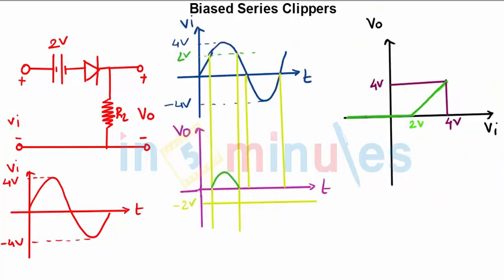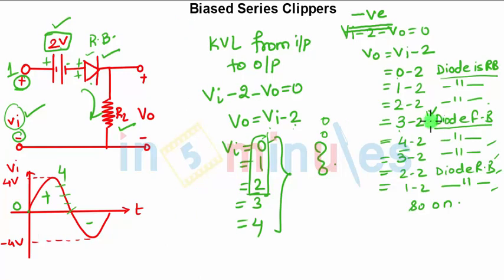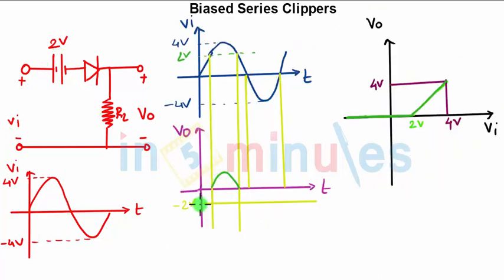Now the final output. How to draw the waveform? We first consider the minus 2 volt voltage level. You are getting output after 2 volts, that is from 2.1 to 4 volts. So when you look here, the minus 2, your 0 level, is shifted over here: 0, 1, 2, 3. This is your 2 level because we are shifting the 0 level below.